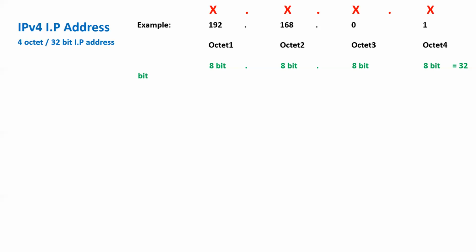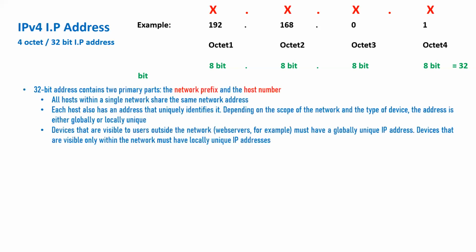Now, a few more important points about IP addresses: the 32-bit address contains 2 primary parts, the network prefix and the host number. What exactly does this mean? Once we have some server running in your network, that server needs to be identified uniquely, whether it is running in your local network, or is accessible from the internet and available to the outer world.